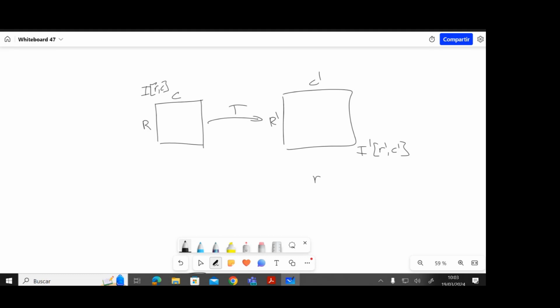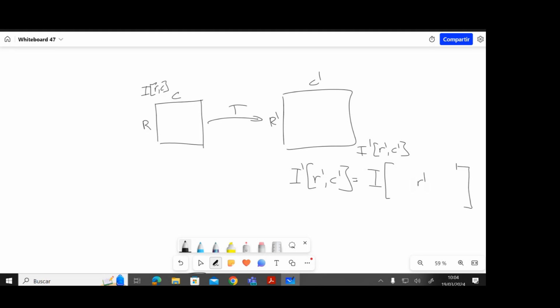I want to produce this part of the image. Where should I take it from? I should take it from somewhere here. Where?